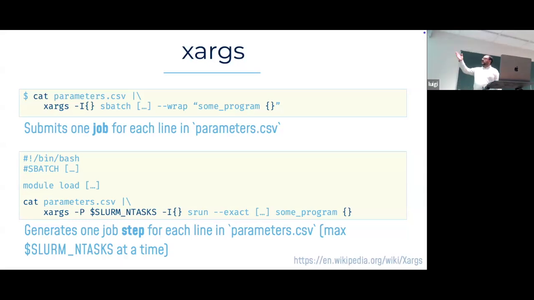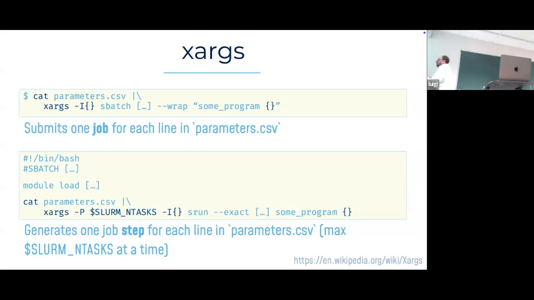So here I wrote CSV, but it can be any line basically that you want to appear here. So it could be some parameter, some options or command. They will be interpreted by bash just as if they were written on the command line exactly.